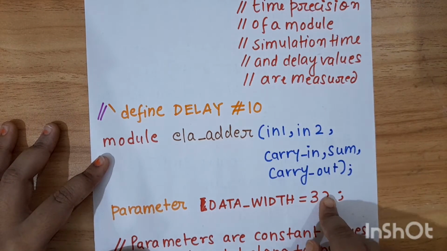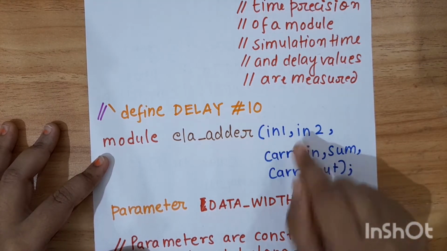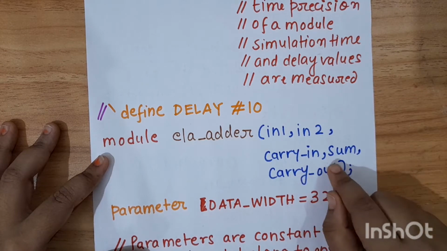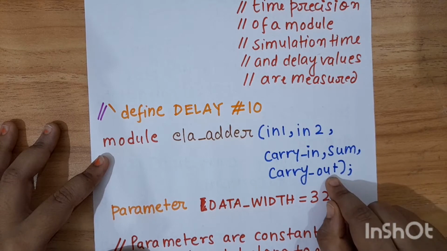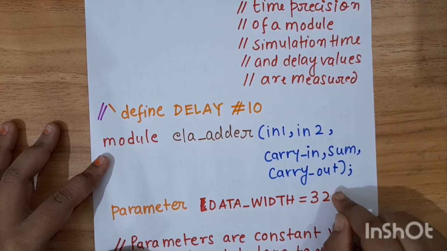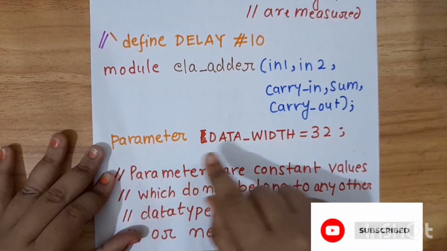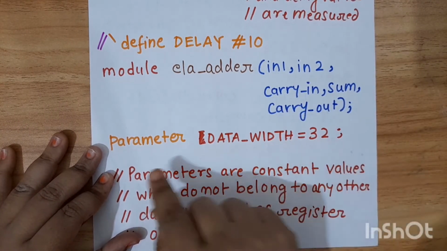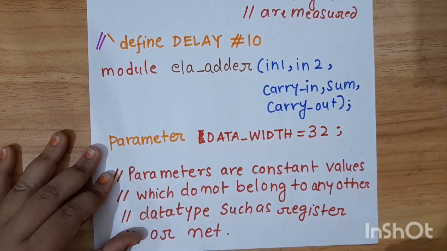What is the port list? IN1, IN2, both the inputs to the adder, carry_in, the previous carry, sum is the output, carry_out is the output, bracket close, semicolon. Parameter I have mentioned data_width is equal to 32 semicolon. This is the data width for in1 and in2.